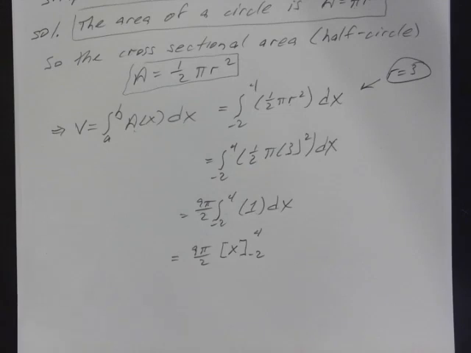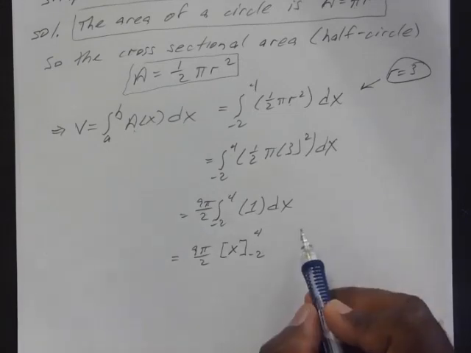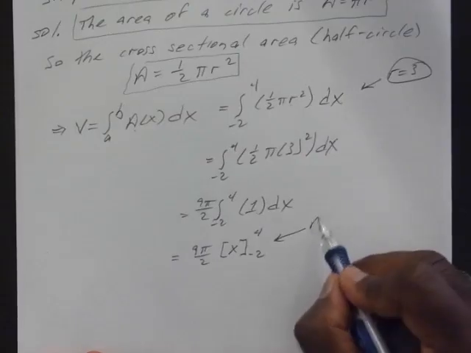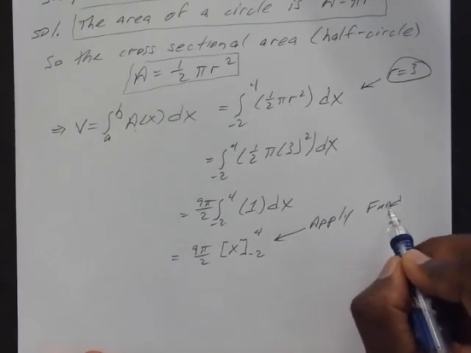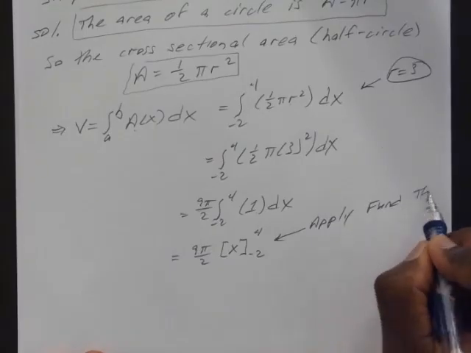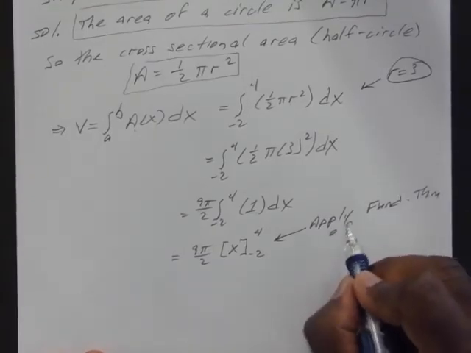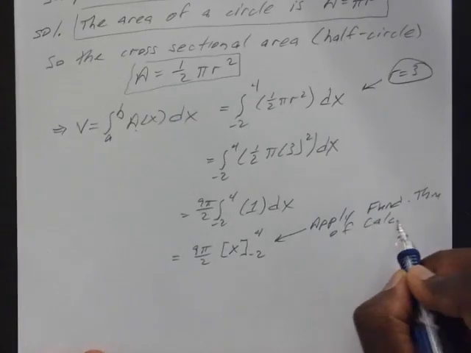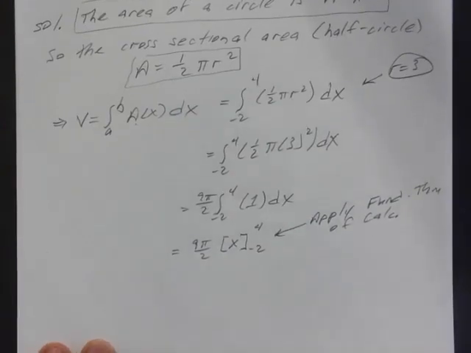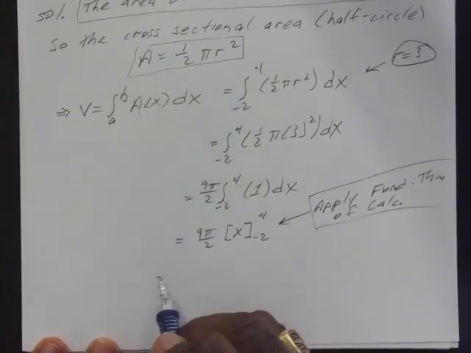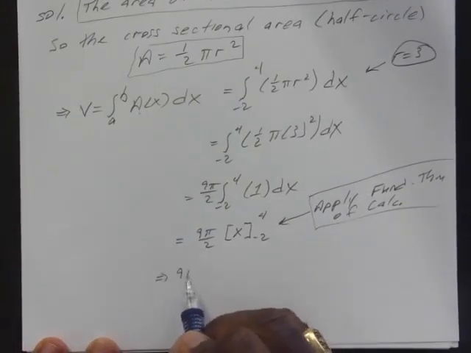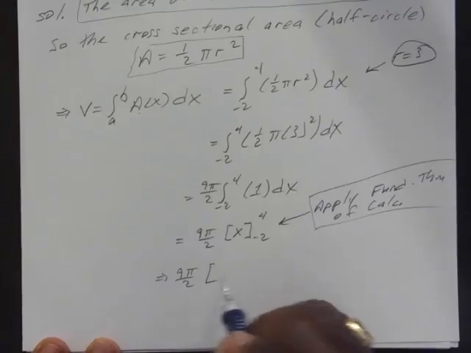Right. So after we integrate it, since it's a definite integral, we go ahead and apply the fundamental theorem. So that gives us 9 pi over 2.